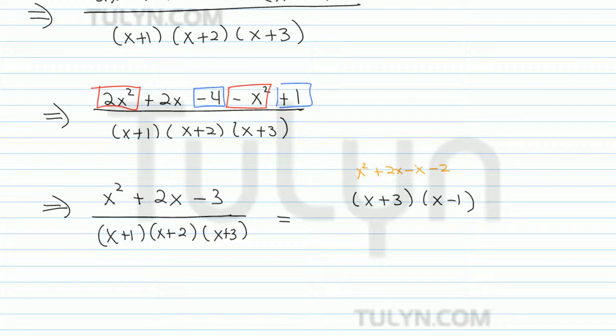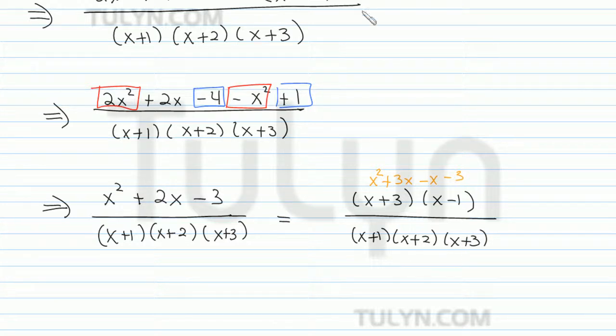I think that should be the ticket there. But let's check to make sure. This gives us x squared plus 3x minus x minus 3. Alright, second time's a charm. So in the denominator, we'll just rewrite it.